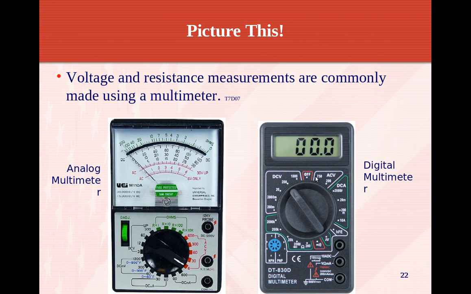AC volts, you can measure AC volts, DC amps. This one you can measure current gain of transistors, you can measure frequency, and it has a continuity or a beep check for measuring low resistance. And it runs off of 9 volts. This guy, the analog, usually have multiple batteries.